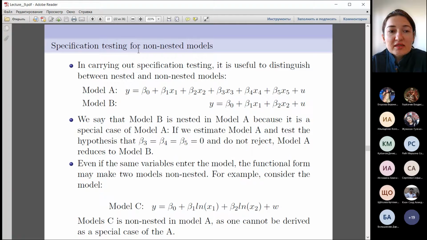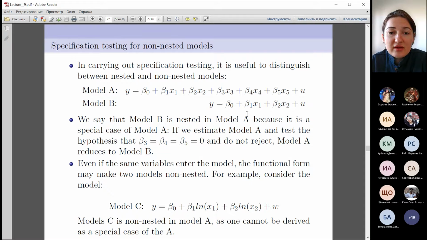But let's discuss now what they mean. So you see here two models, model A and model B. When you are carrying out specification testing, it's very useful to distinguish between nested and non-nested models.